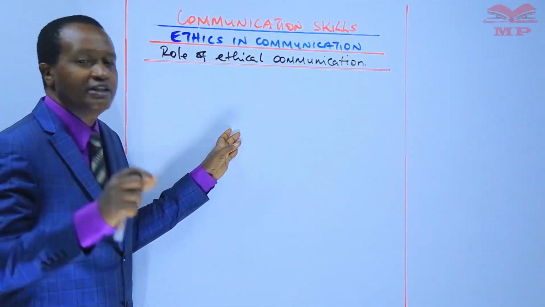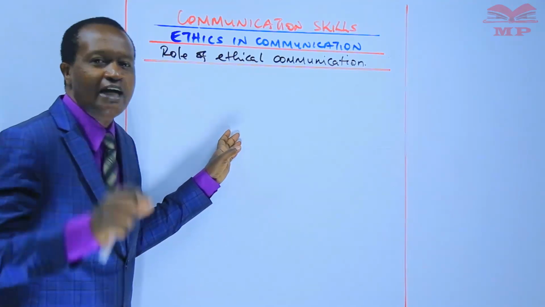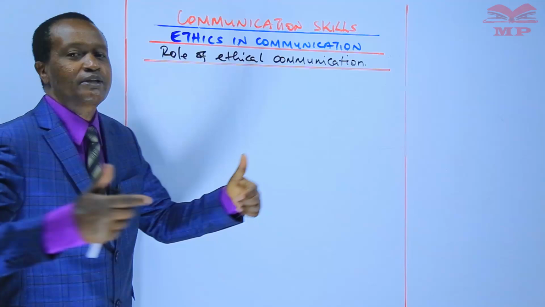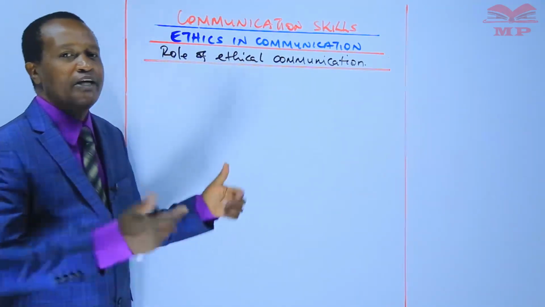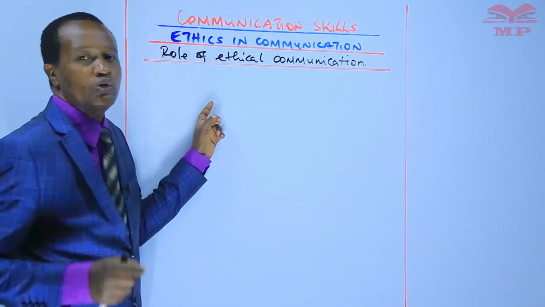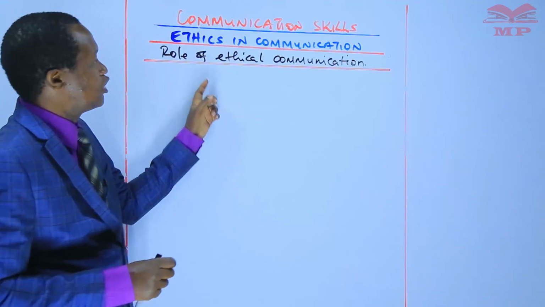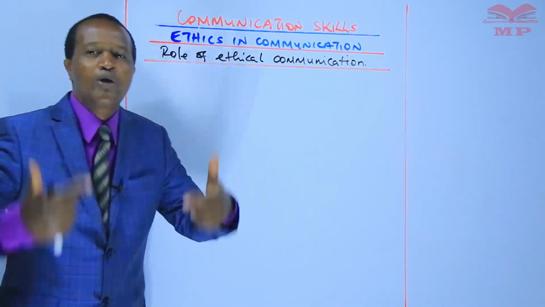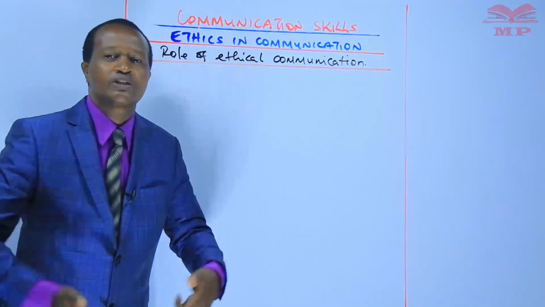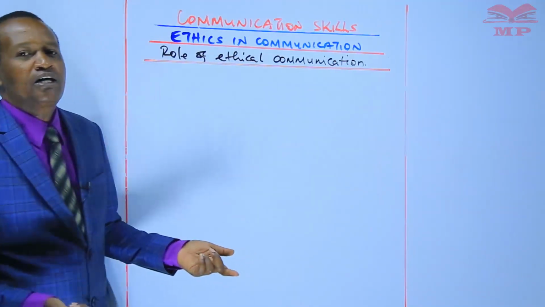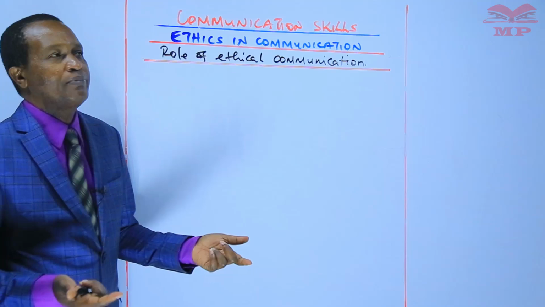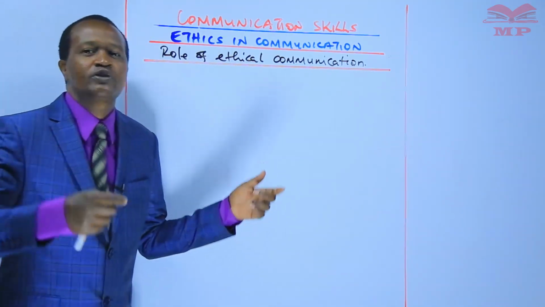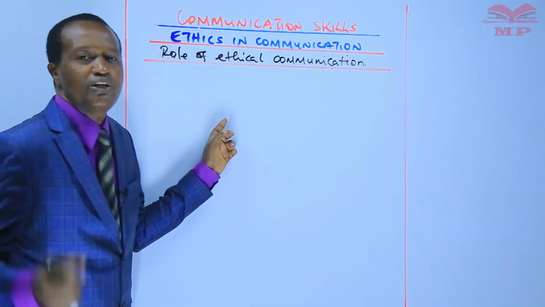Ethics, in other words, serves as a guide to moral daily living and helps us to judge whether our behavior can be justified or not. And communication ethics, on the other hand, is how a person uses language, how a person uses media, and how a person creates relationships that are guided by an individual's morals and values.